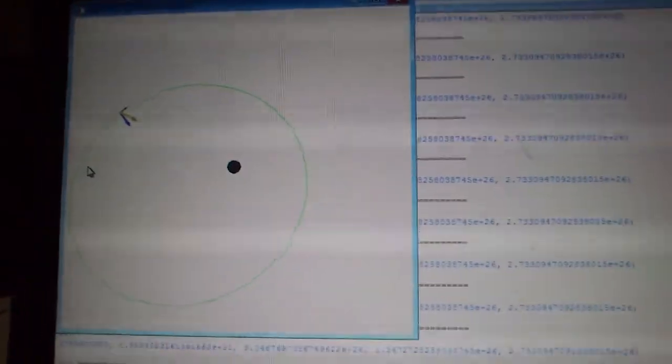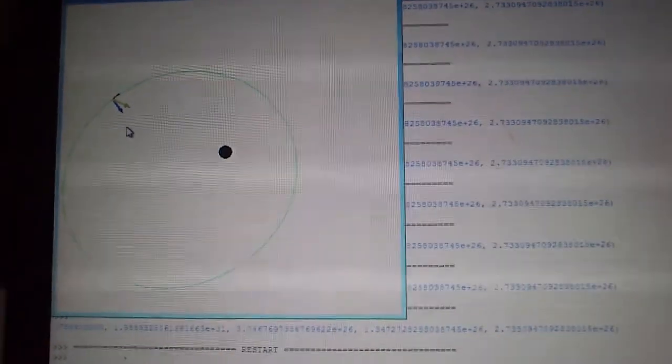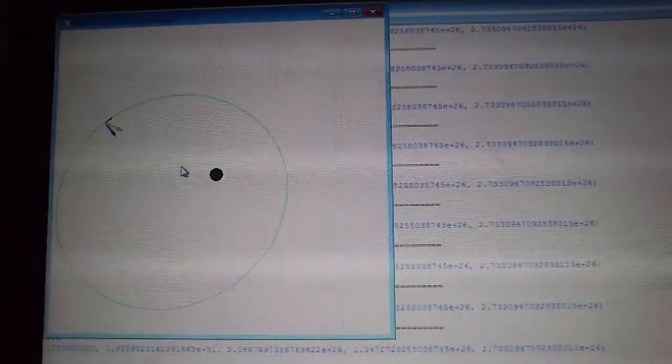In this simulation we can see the F net force, which is the yellow one, the perpendicular net force, which is the blue one, and the black one is the parallel net force. If we look at the trajectory of this star, we see that the parallel and perpendicular force is changing around that trajectory.